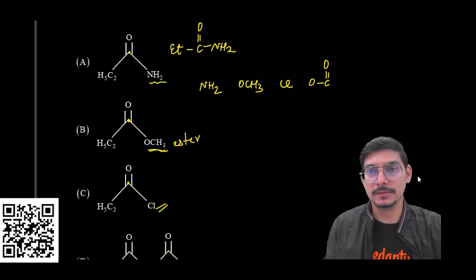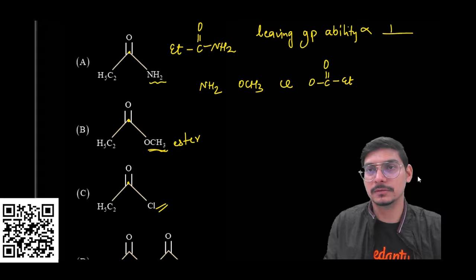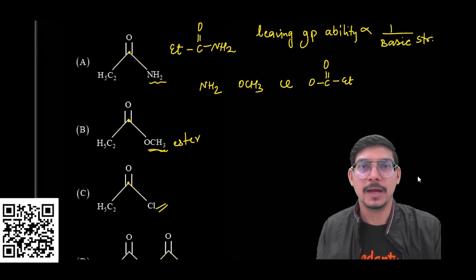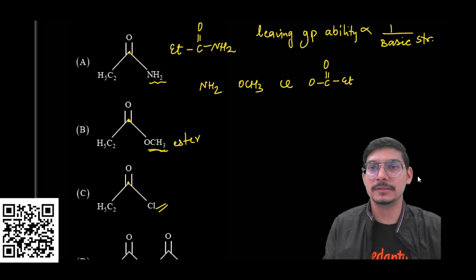Please remember that the leaving group ability of any species is inversely proportional to its basic strength. And because basic strength is inversely proportional to acidic strength, we can also say that leaving group ability is directly proportional to the conjugate acid strength.